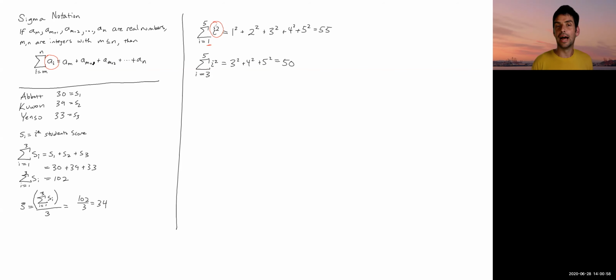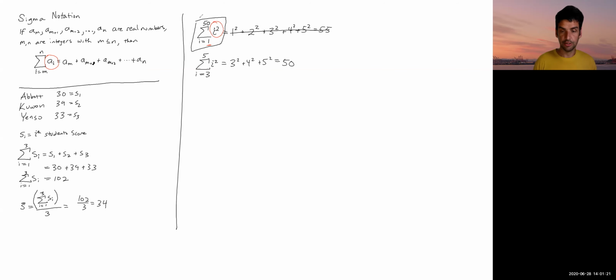Again, it's not entirely clear that this is useful because I'm doing small examples, but if you wanted to represent the sum of the first 50 squared numbers, it would be much more difficult to write it out. This compact summation is a much nicer way to write it.